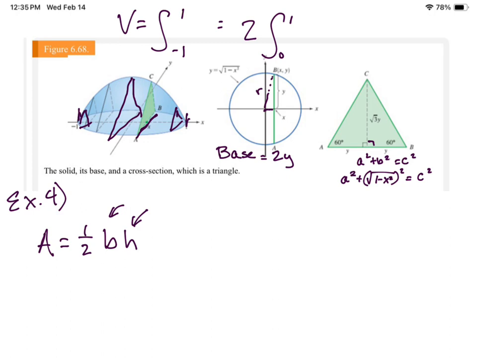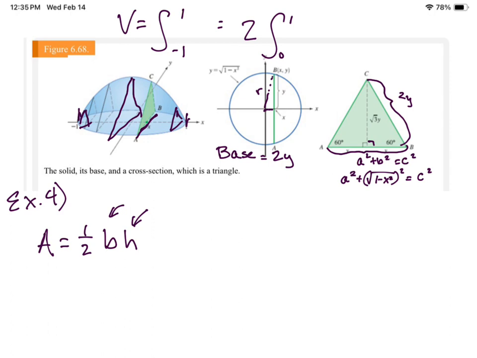Are y'all following this? If it's equilateral, then that means that this width 2y is equal to this width 2y, right? We've just called that c squared.